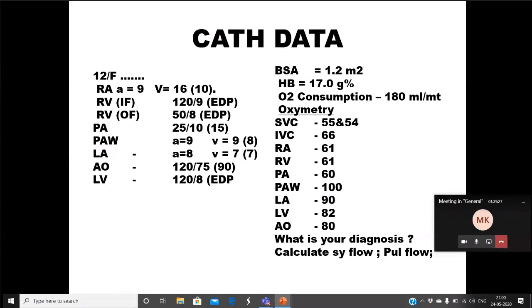You tell the numbers. 180 divided by 1.34 multiplied by 10 multiplied by 17. Okay. We'll open the bracket and arterial will be 0.8 minus mixed venous, which will be around 3, 10, 12.